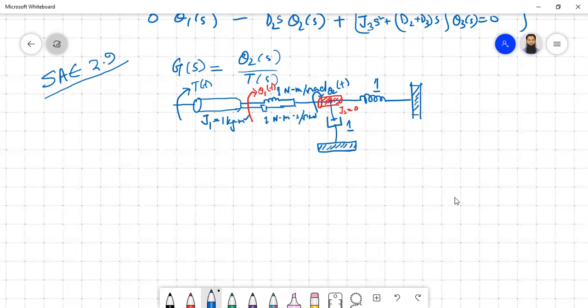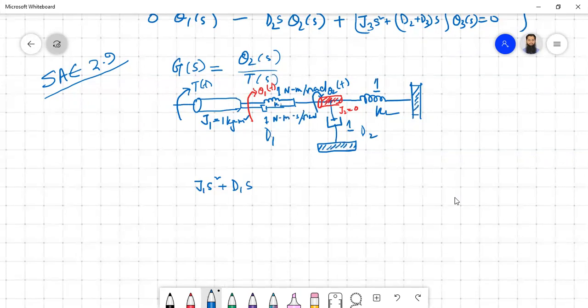So let us write the first equation. J1 s square plus D1 s, this is your D1, this is your D2, and this is your K2, this is your K1.